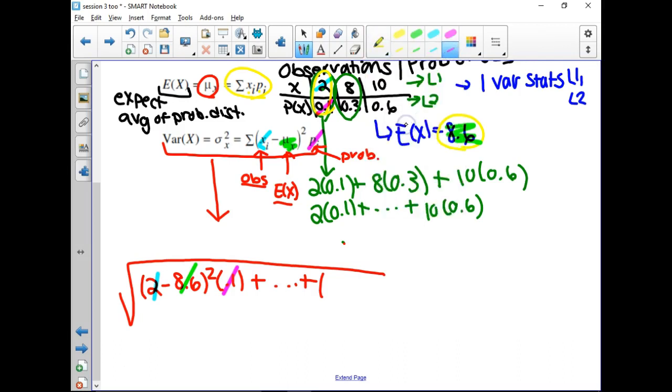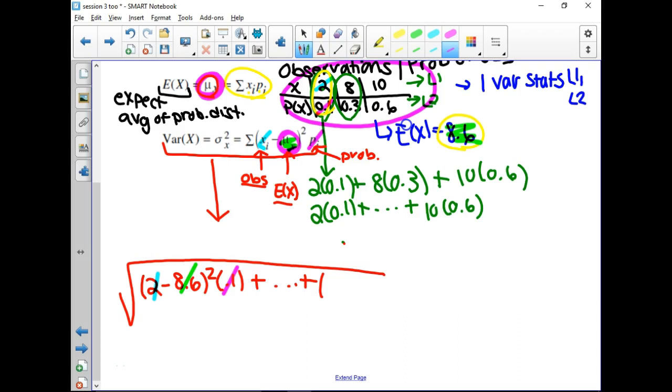So for this entire distribution right here, 8.6 is the expected value. And you can see it is the mu of x right here, which is the same thing right there. So I always find my expected value first. Then if they ask you to find the standard deviation, this calculator is going to give it to you again. You just have to be able to use this formula and plug it in.